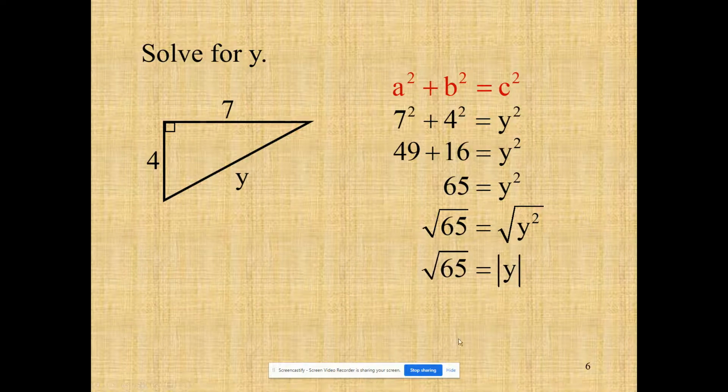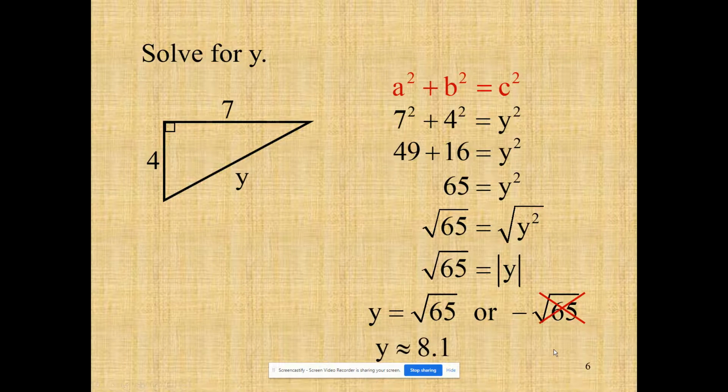So the square root of 65, what is the square root of 65? It is y equals 8.1, about. That's not exact. Now, when we have the absolute value here, I have both the positive and negative number, but I know that I'm looking at distance, so I know that I'm not going to have a negative one.